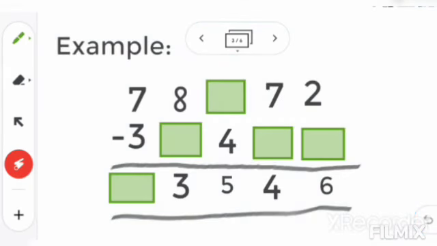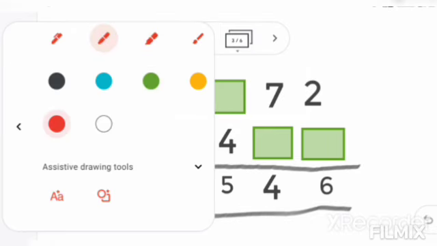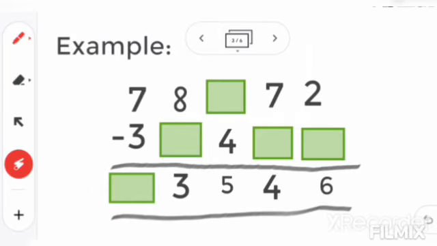Let us see the example here. This example is from your book. See here, the box is in the second place. To find the second one, if it is missing, as I told, this and this you have to subtract.